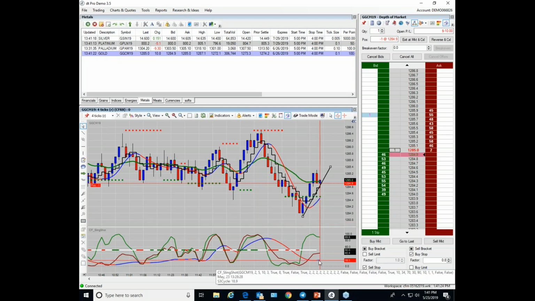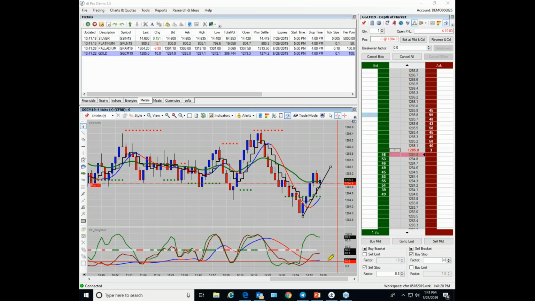If this turned color on us, what's interesting about this too is, see how this has turned color on us? It's blue now. We weren't in this trade, and you'll run into this, trust me. The cycle will turn color midstream, and you'll be like, uh-oh.